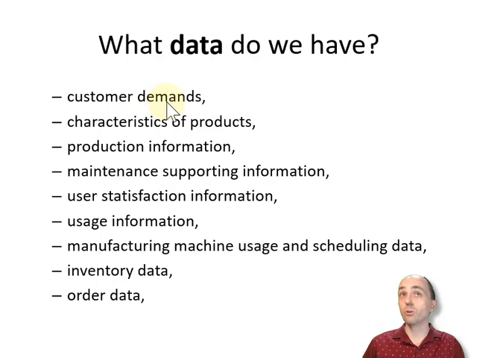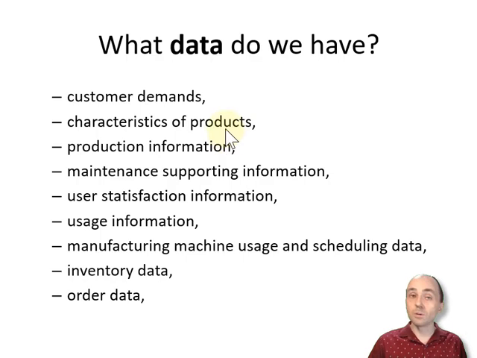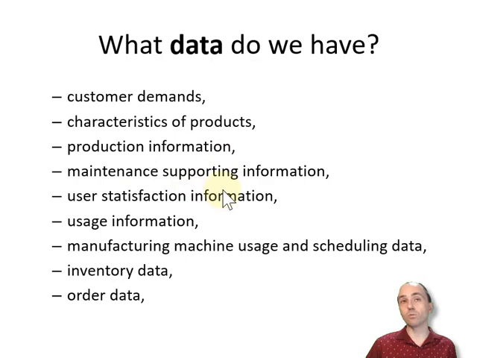First, the customer demands, what they want, the characteristics of some products, maybe other competitor products, the production information, the maintenance, how to support the products, the user satisfaction. It could be some questionnaire or other things. How the people use the products. This is another data we can collect about the product.